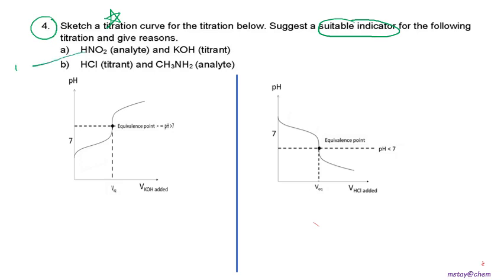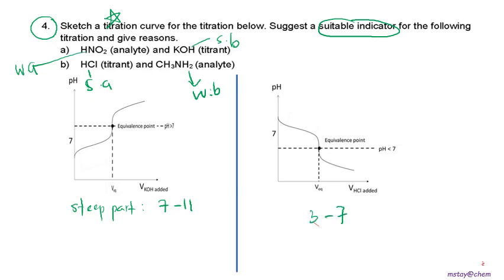HNO2 is a weak acid, KOH is a strong base. So the steep part pH range will be 7 to 11. However, for HCl, a strong acid, and CH3NH2, a weak base, the steep part range will be 3 to 7.